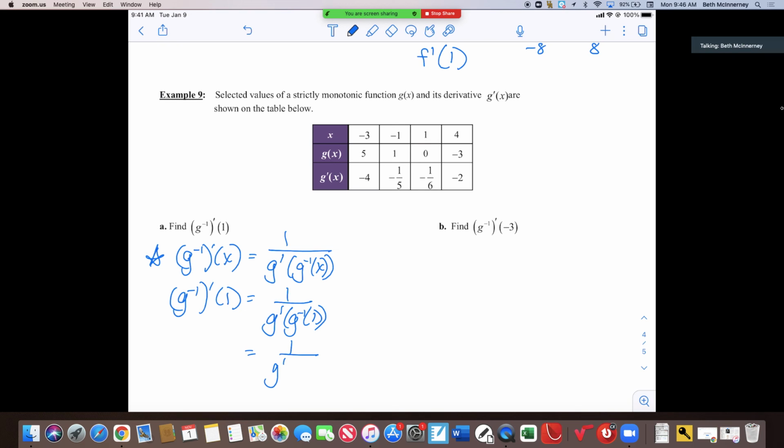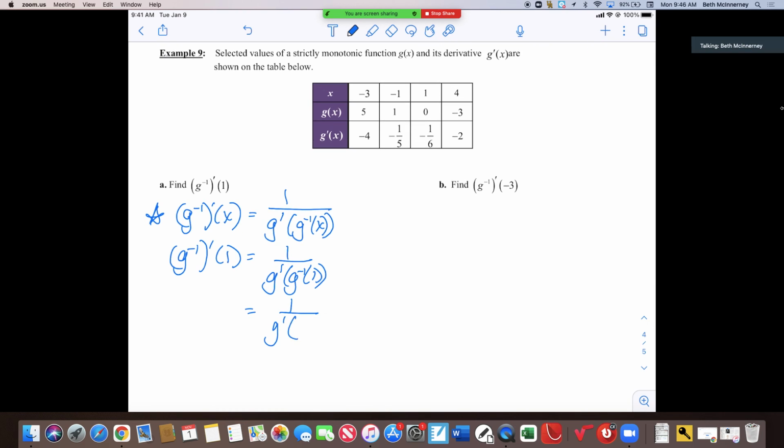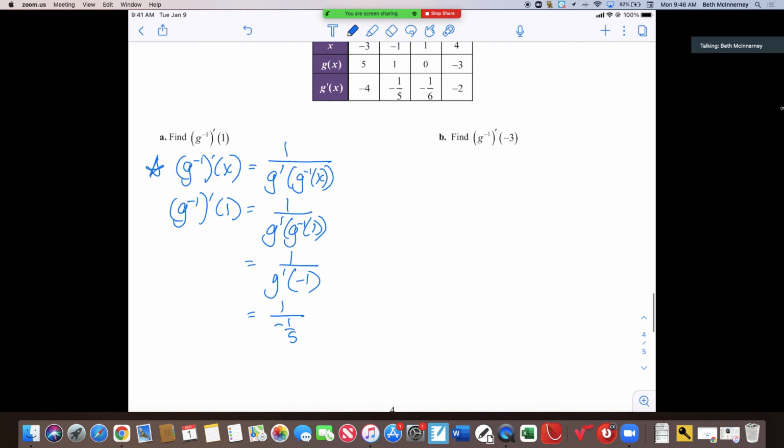All right, in letter A, what is G inverse of 1? Negative 1. Nice job. So then I go to G prime of negative 1, and you get negative 1/5.